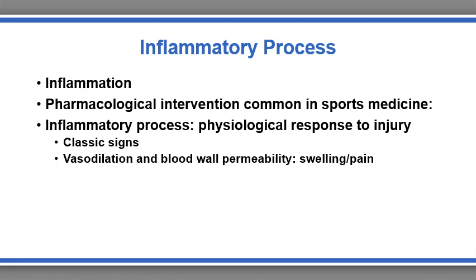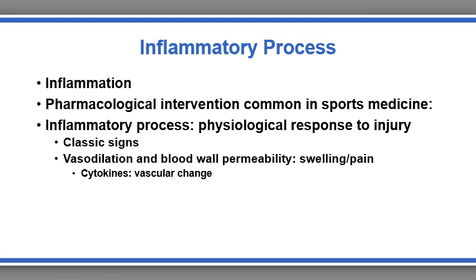The blood vessels will dilate, and the endothelial walls become more permeable, which we need, for instance, for the white blood cells to move out from the circulation to the extracellular space. But that's also going to cause fluid to escape, and that contributes to a lot of the swelling, and we know that swelling could also contribute to pain.